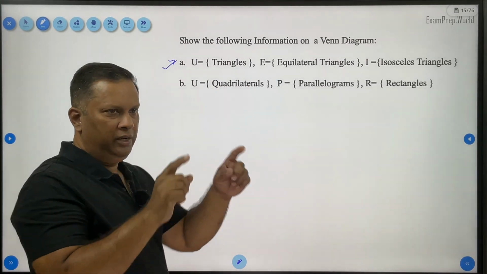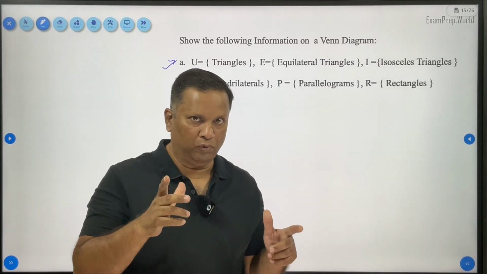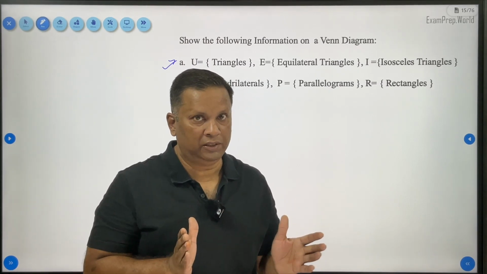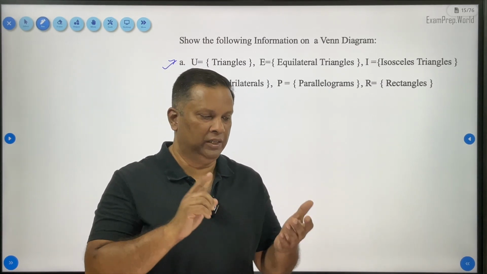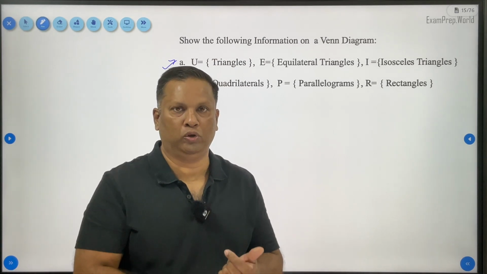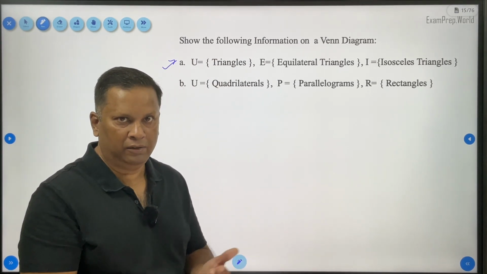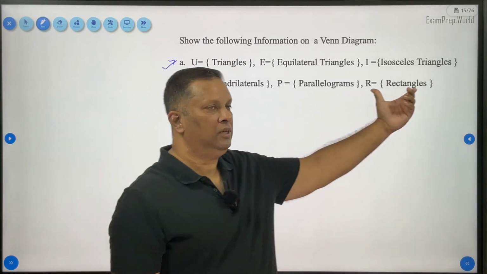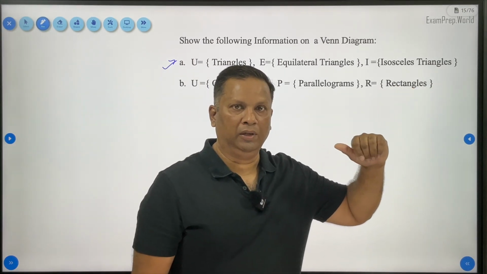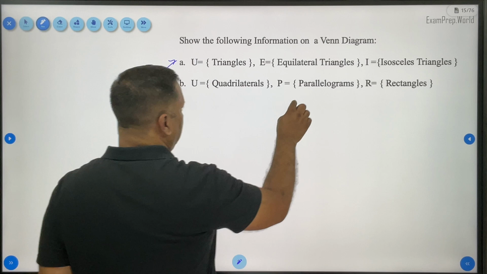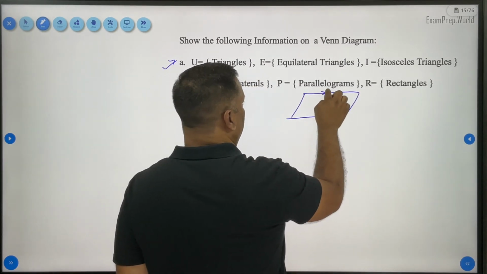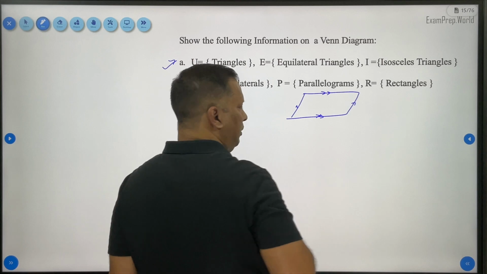Quadrilaterals: any closed shape with four sides. Quadra means four, lateral means straight lines. So any shape with four sides is called a quadrilateral. There are so many kinds: square, rectangle, parallelogram, trapezoid, kite, rhombus. Here they are talking of parallelograms and rectangles. A parallelogram is something whose opposite sides are parallel.